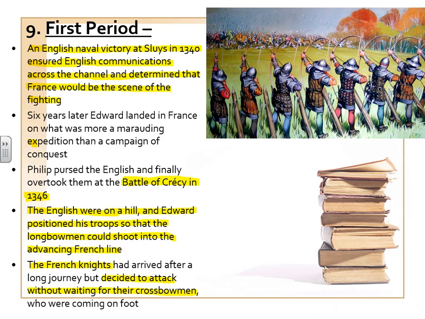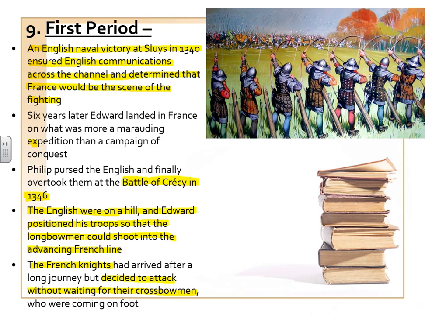But anyway, the Battle of Crécy is the first in a number of English stunning victories, and it's where the longbow proves that it is an effective weapon. The French knights arrive in battle, and they're eager to fight the English, and they don't wait for their crossbowmen who are traveling by foot, and so they instead rush into attack.